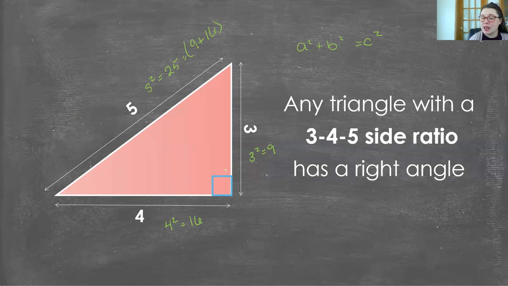So we can use that as a test in carpentry. What they would do is, you might have a wall, or you might have a room, and you would measure 3 feet on one side, 4 feet on the other side, and you check to see, is the diagonal connecting those 2 points equal to 5? If it is, you're square. If it's not, you're not square, you need to square up.